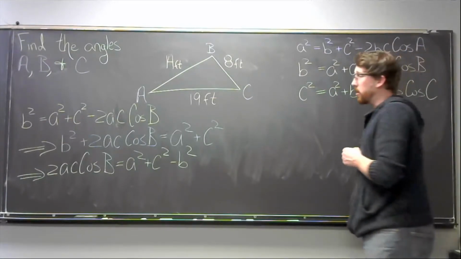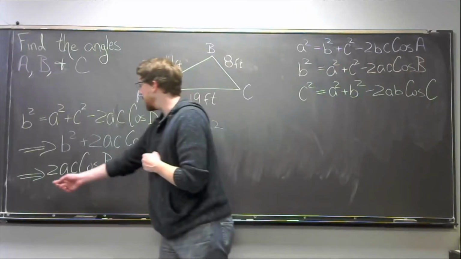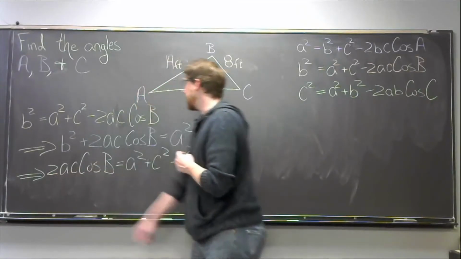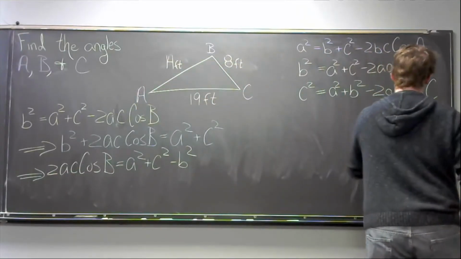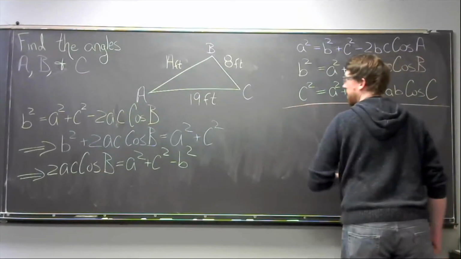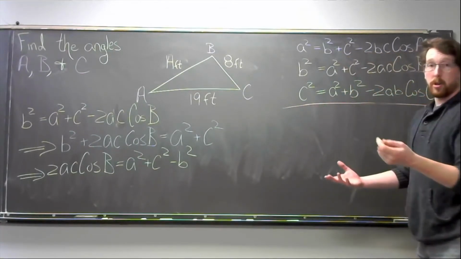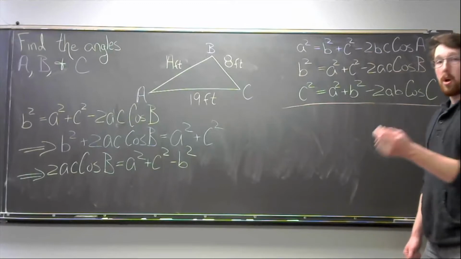Now, all we want to do is divide both sides by 2ac. And we've gotten one of the new forms, one of the alternative forms rather, of the law of cosine.